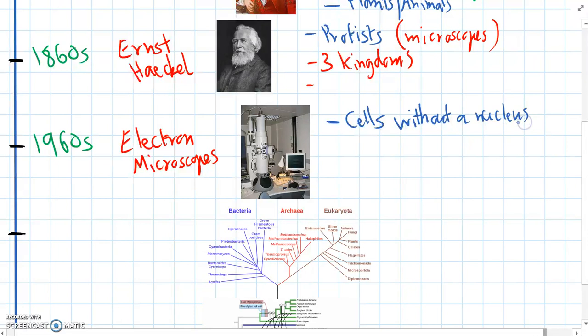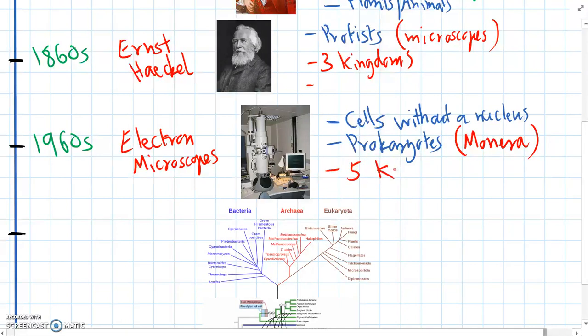Cells without a nucleus. And we called these cells the prokaryotes, which basically are the kingdom Monera that we've learnt about in our 5 kingdoms. So now this is the first time in the 1960s when we have 5 kingdoms. These are the 5 that we've learnt about: the plants, the animals, and the fungi, as well as the protists and the Monera.